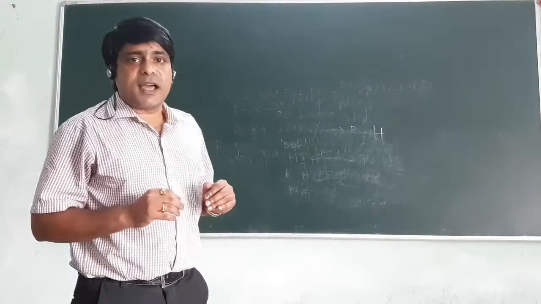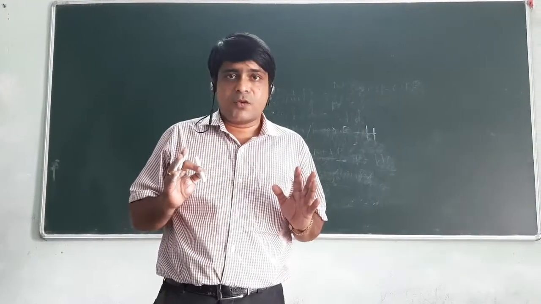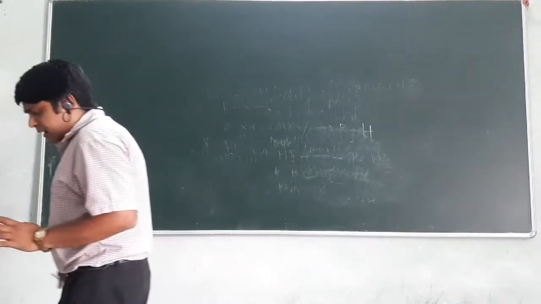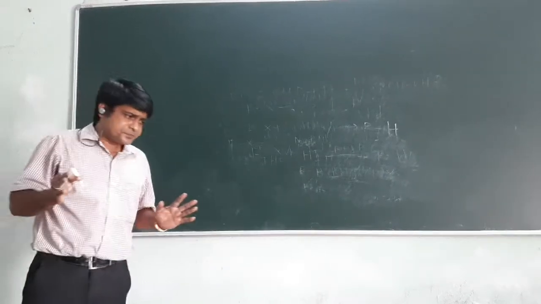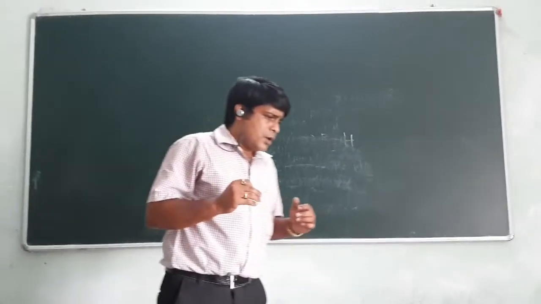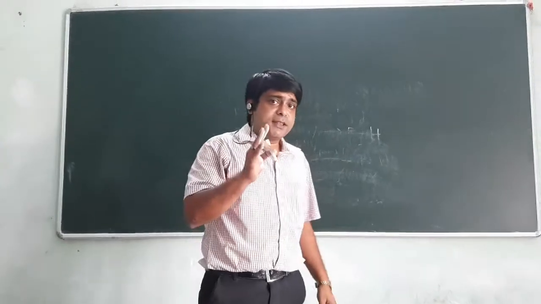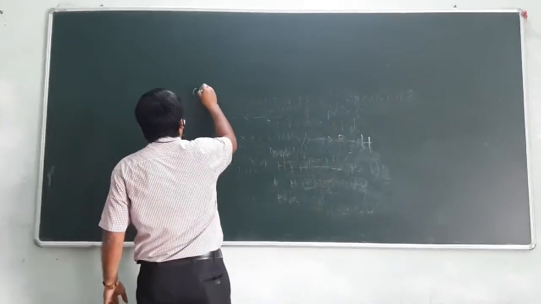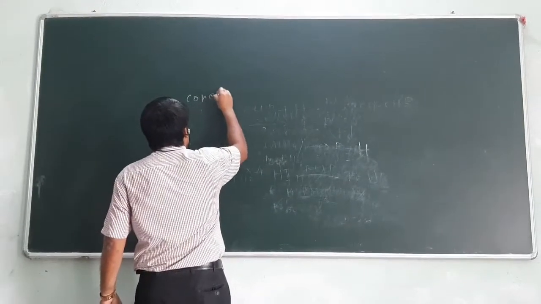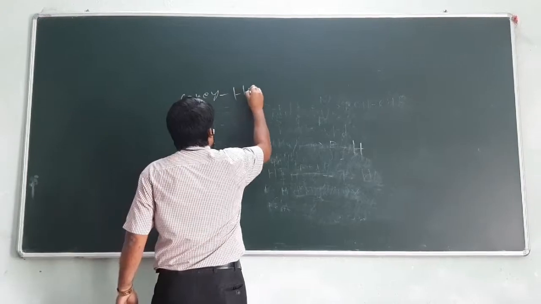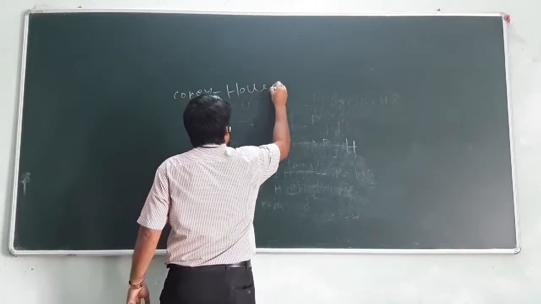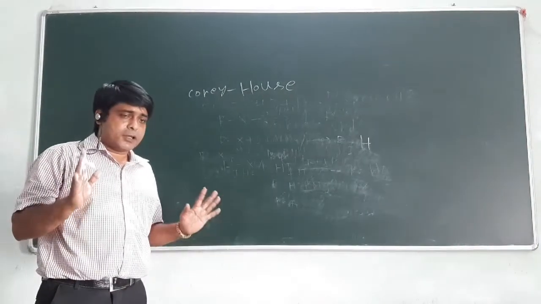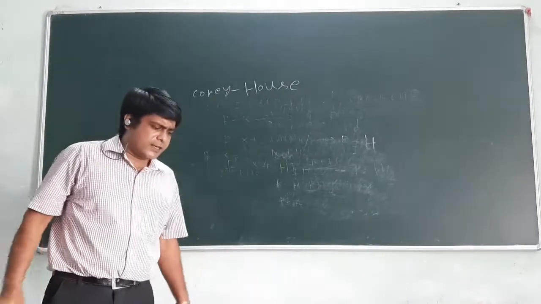The reaction name is the Corey-House synthesis. The scientist Corey basically invented it, and after that it has become a very popular method for synthesis of unsymmetrical alkenes. The Corey-House method is very important for the synthesis of unsymmetrical alkenes.